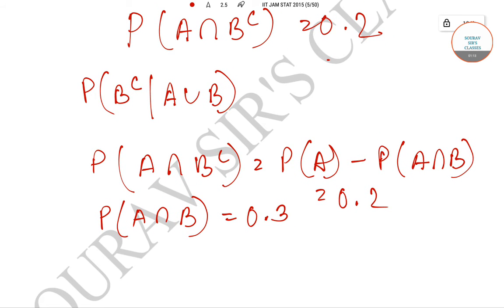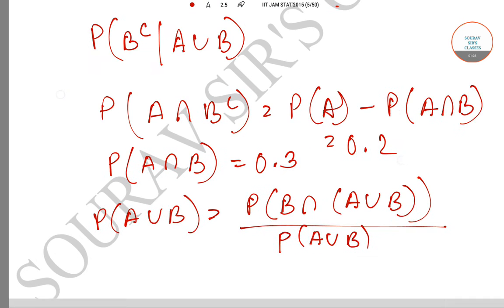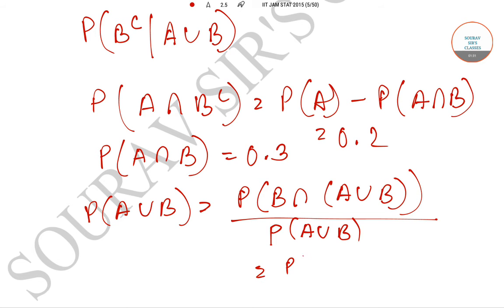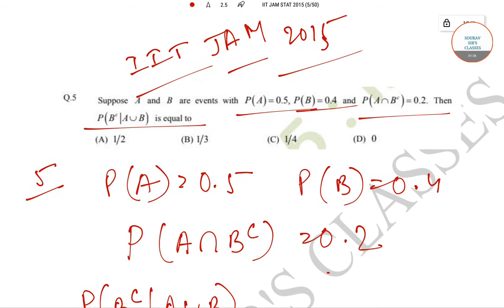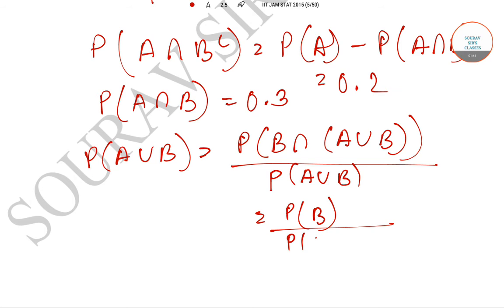So probability of B given A union B is equal to probability of B intersection A union B by probability of A union B. Now this gives us probability of B by probability of A union B, which is 0.4 by 0.6, that gives us 2 by 3.